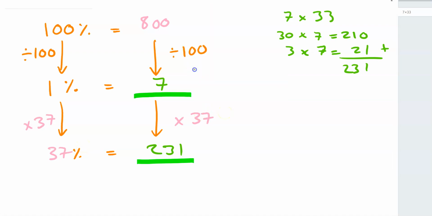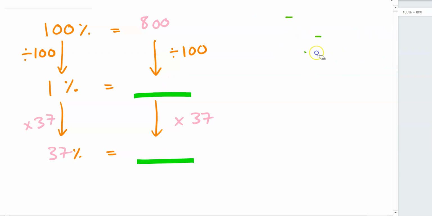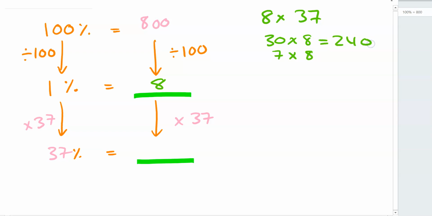Now I need my calculations. 800 divided by 100 is 8. 8 times 37, so I'm going to do 30 times 8 and 7 times 8. 30 times 8 is 240. 7 times 8 is 56. Add them together, gives you 296.